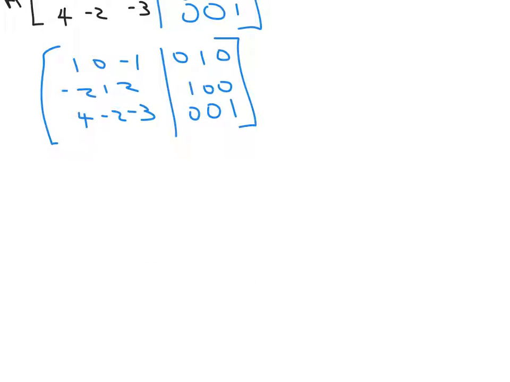Next step is we want to get this to be a 0. If we multiply this whole thing by a positive 2, then 2 plus negative 2 will give me a 0 there. So let's multiply this whole thing by 2, and we get 2, 0, negative 2, 0, 2, 0.